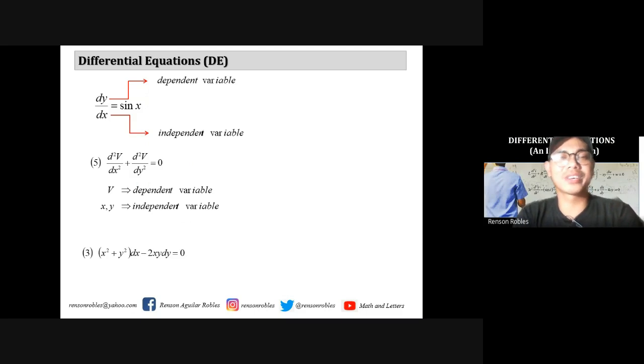Okay, another one. Take a look at equation number 3. You have the quantity x squared plus y squared dx minus 2xy dy equals 0. Which one is dependent and which one is independent variable?